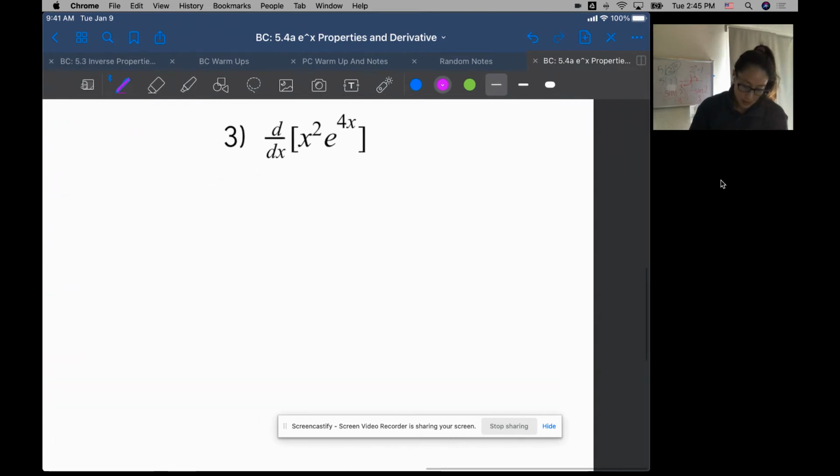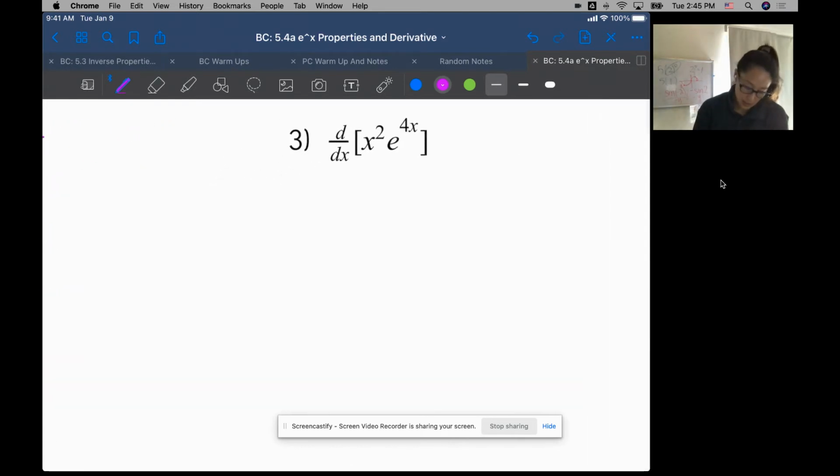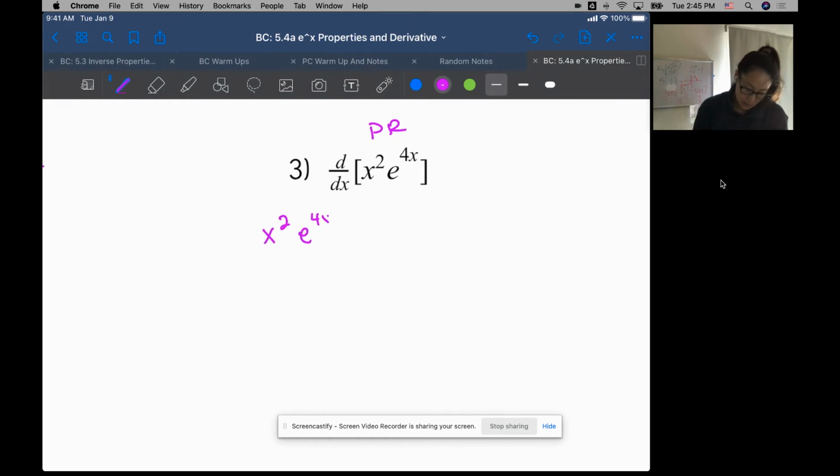Number 3. So this looks like product rule to me. So lefty right, righty left. I'm going to write left is x squared, d right. So e to the 4x times the chain, 4x, plus right, e to the 4x, times the derivative of the left, so 2x.